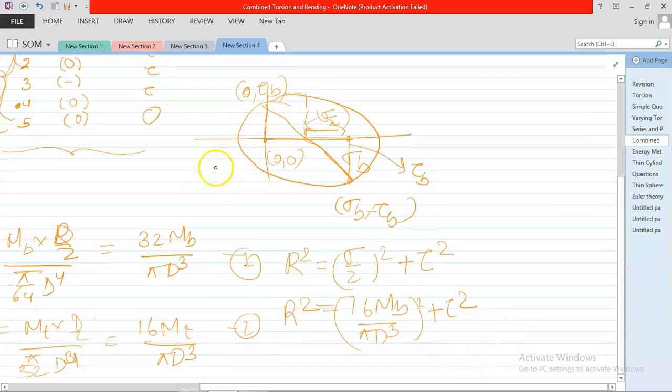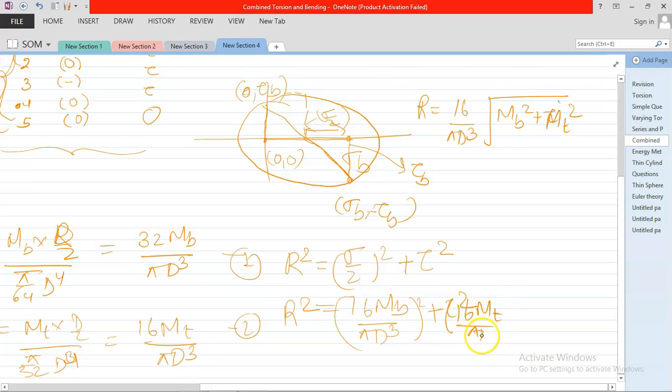So r would be 16 by pi d cube under root Mb square plus Mt square, because the value of tau is 16 Mt by pi d cube, whole square.